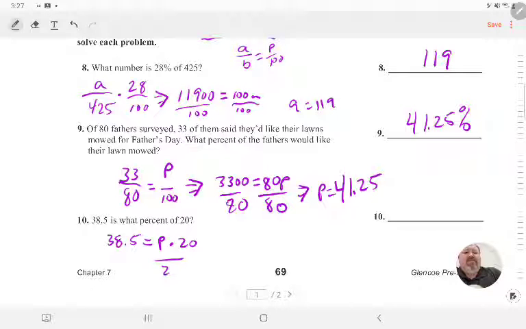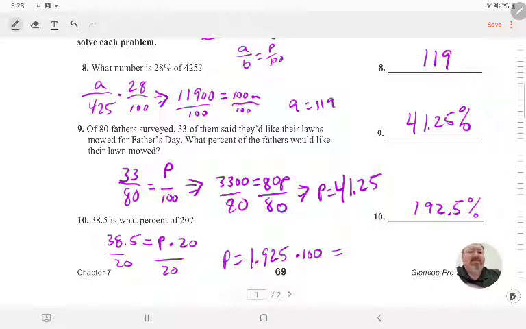Then I just have to divide both sides by 20, and that's going to give me P equals 38.5 divided by 20, which is going to give me 1.925. And then all I simply have to do is multiply that times 100, and that's going to give me 192.5%. Okay?